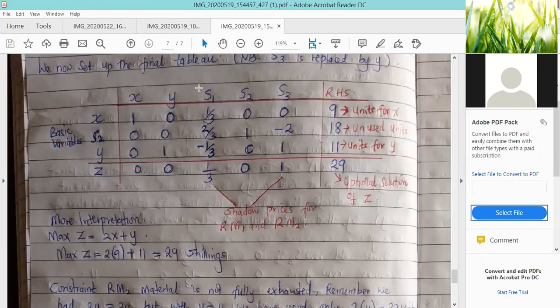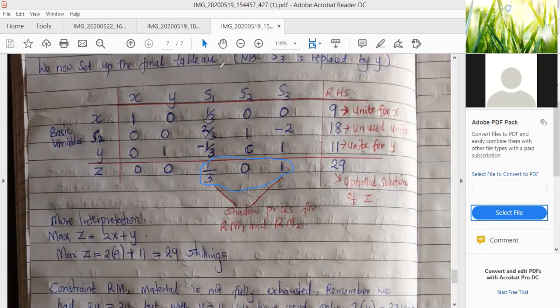Now, these figures on my lower edge of my Z law, in relation to our various slacks that we had already introduced, the S1, S2, S3, when you go down column-wise on your law Z, these ones are usually interpreted as the shadow prices. I repeat, these three, which are in relation to our three constraints.